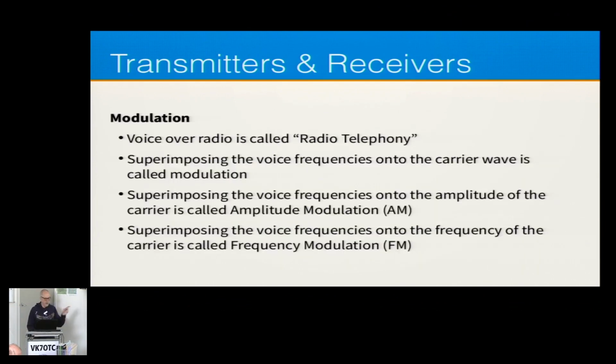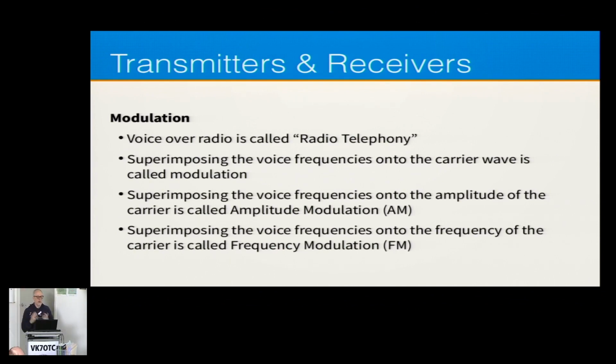Now, we talked about a carrier. It can carry another signal, or it can be modulated with another signal. If we talk about voice, the radio term is radio telephony versus radio telegraphy, which is Morse code. If we superimpose voice frequencies, those really low voice frequencies, onto our really high carrier wave, we call it modulation.